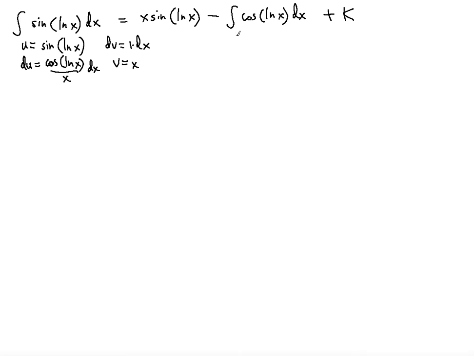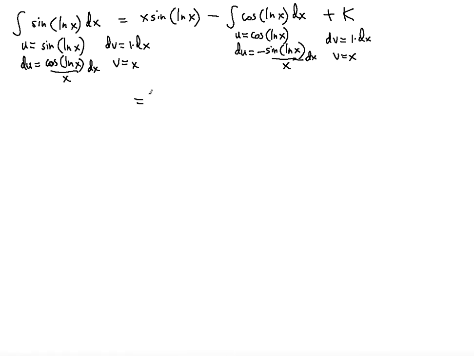Now using u and dv one more time, u is going to be equal to cosine of ln x. du now is going to be tricky because you're going to have a negative sign: negative sine of ln x, and also the derivative of the inside is multiplied, which is again 1 over x, so we just divide this by x. And don't forget the dx. dv is going to be 1 times dx, and v is equal to x.